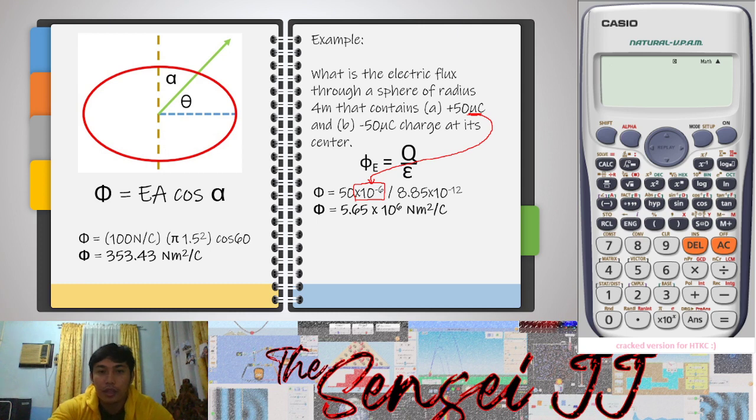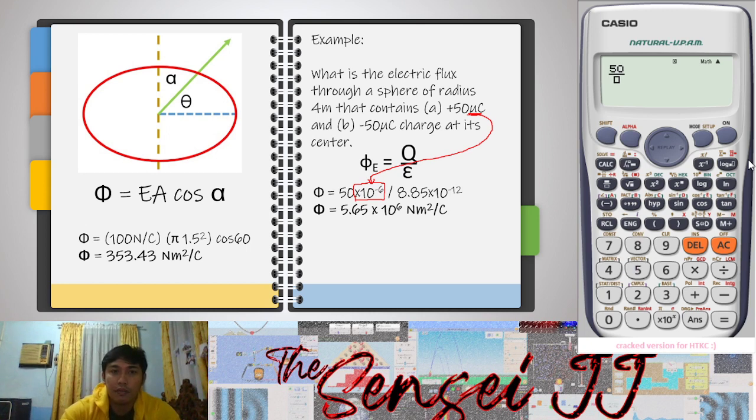Okay, punta tayo ngayon sa ating calculator. So as you can see, guys, meron tayo ditong equation. We have here times 10 raised to negative 6 and times 10 raised to negative 12.